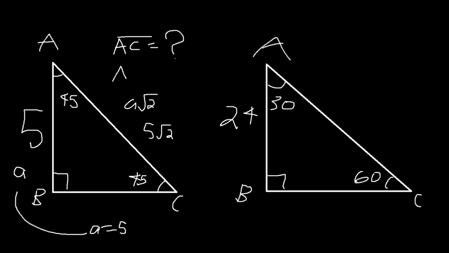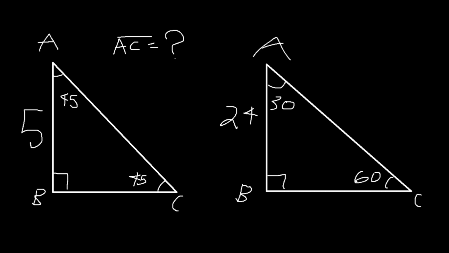Now, moving on to our next one, we have a 30, 60, 90 triangle. We also know what the ratios for this one are. A radical 3 for the long leg. As for our short side, it's going to be our a value. And for our hypotenuse, it will be 2a.